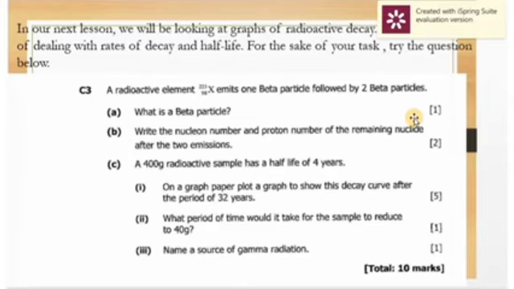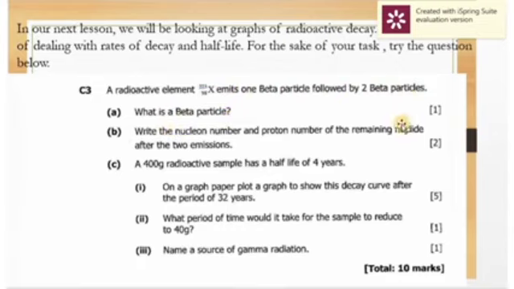So for your own activity exercise, you can go through this question. It is also from a past paper. It reads, a radioactive element X with the neutron number 223 and the proton number 98 emits one beta particle followed by two beta particles. What is a beta particle?